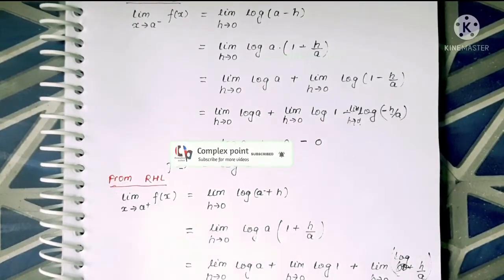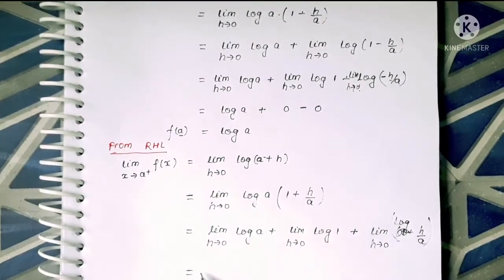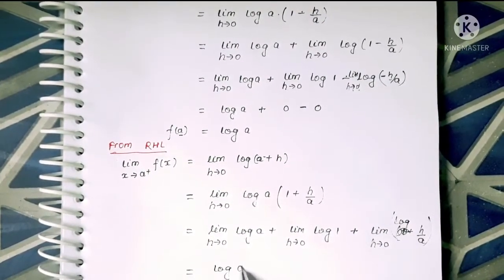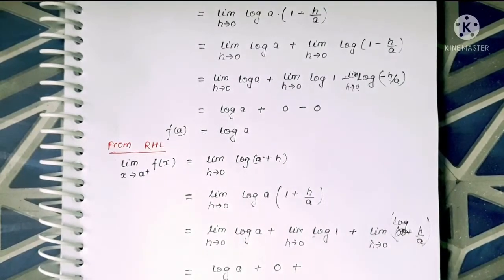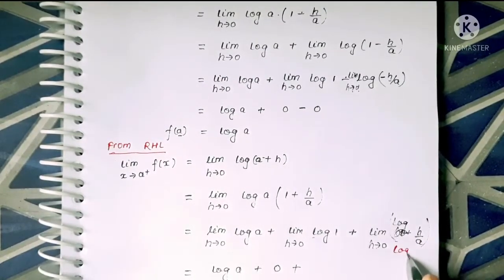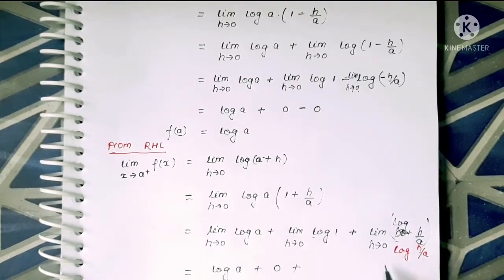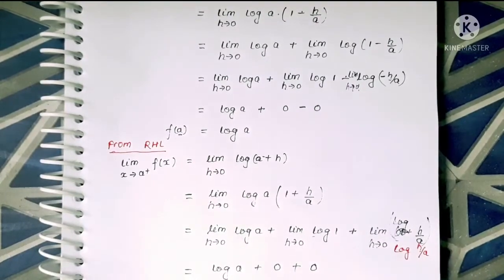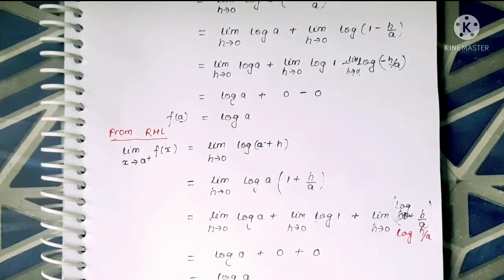So when h tends to 0, this function will become log a, and we know the value of log 1 is equal to 0, so when h tends to 0 here, this function, don't get confused, is written as log(1 plus h by a), whole will become 0, and what we will get again here is log a.